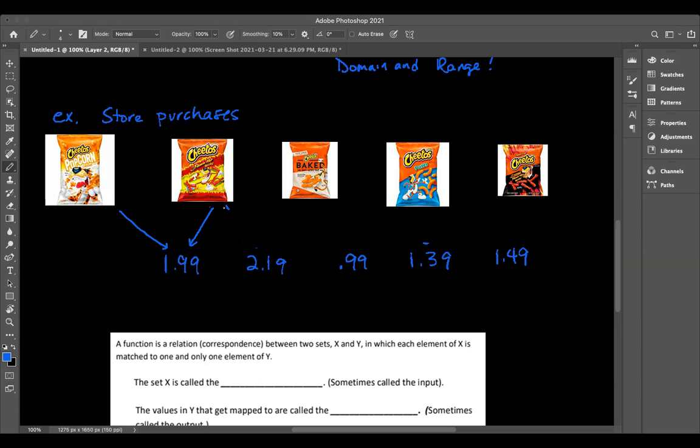Is that a function? Boom, and then we go all the way down. So every kind of Cheeto is $1.99. Would that be a function? Yes, it would be a function because each input goes to one output every time. So that would technically be a function.